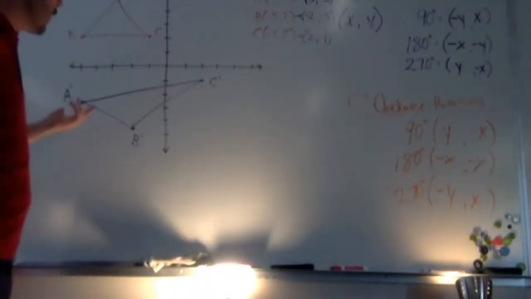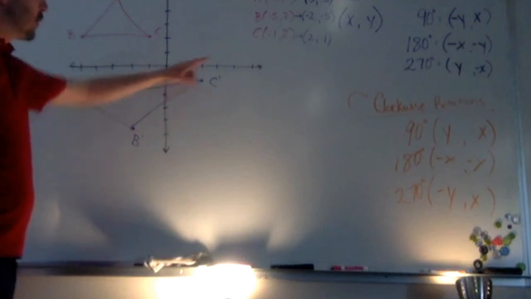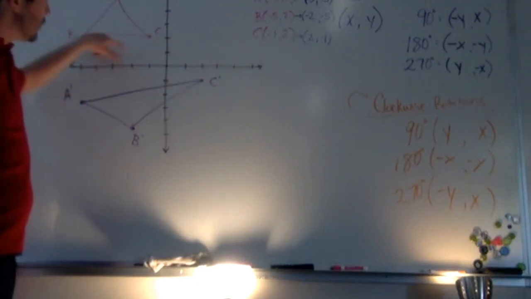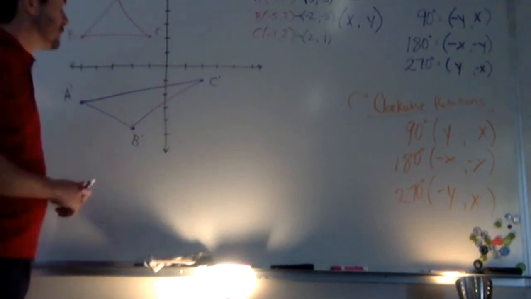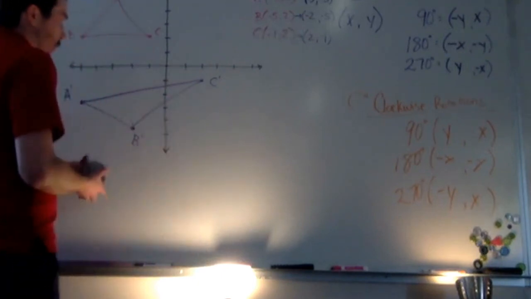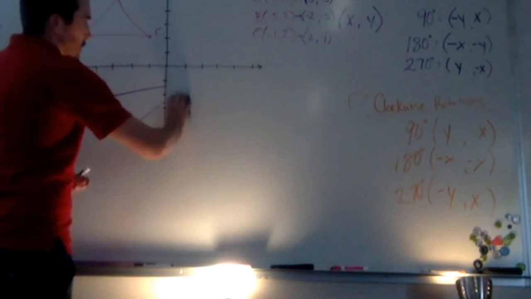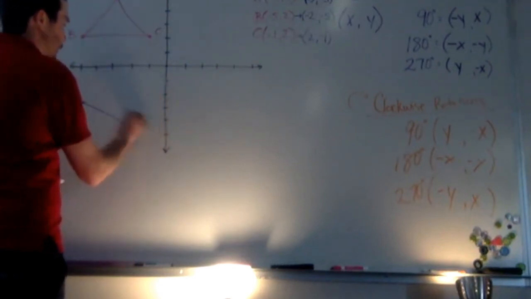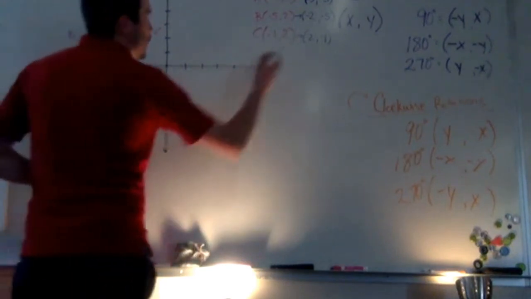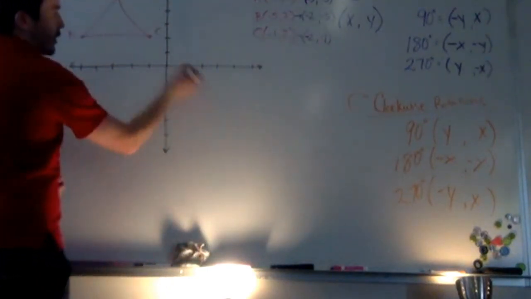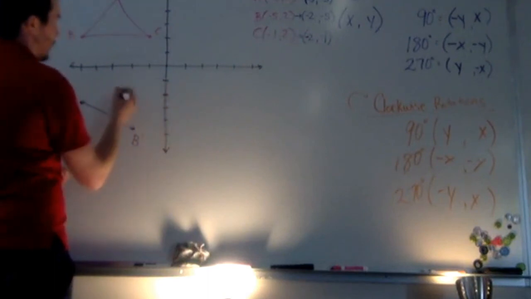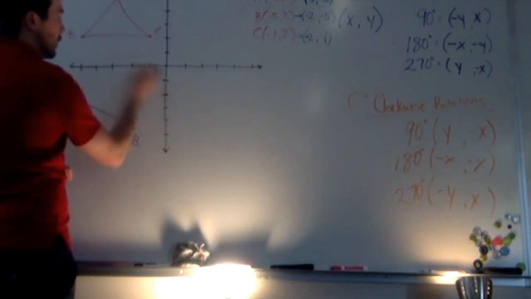It's really easy to see if you got one of these points wrong, because your shape won't look anything like the original shape. So if it looks different, then you did something wrong. And if we're rotating 90 degrees, oh, we shouldn't be all the way over here. That's 180 degrees. So you're going to have to get familiar with those different things.